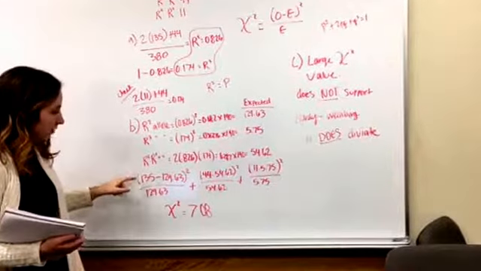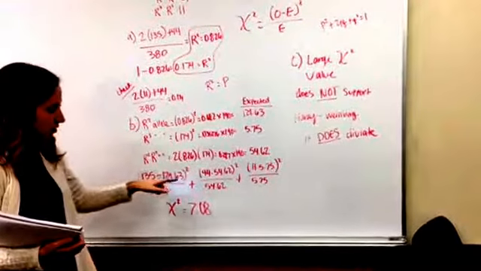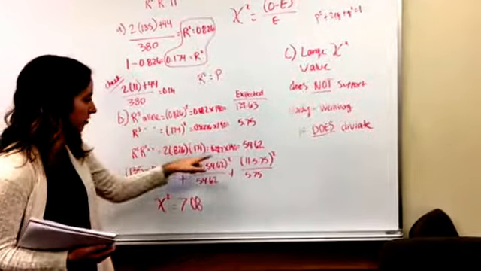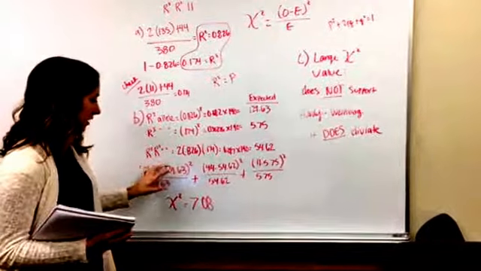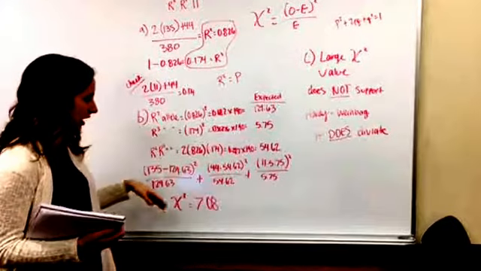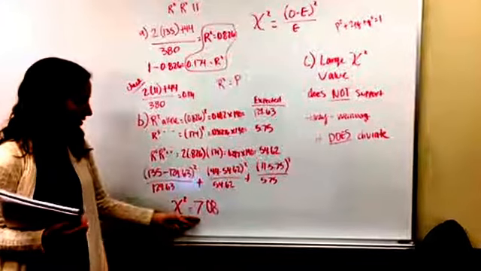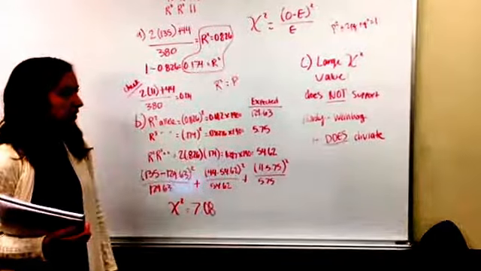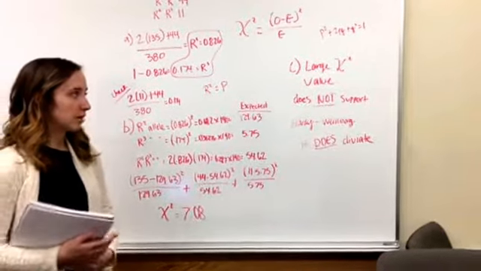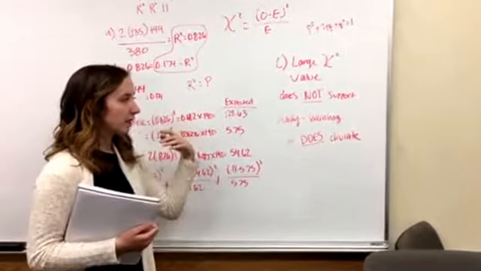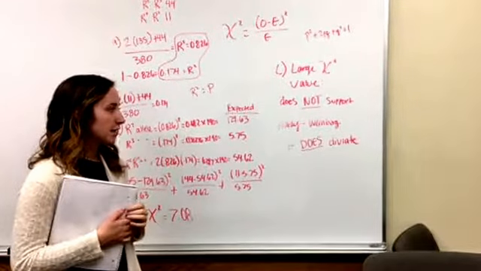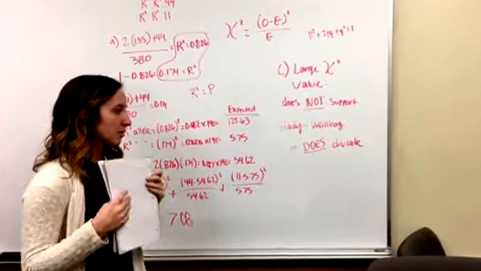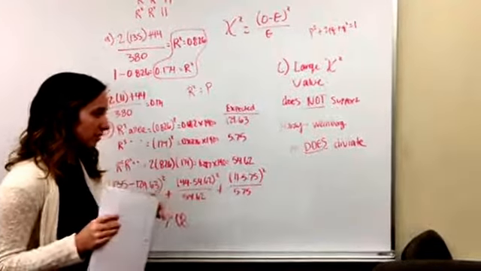This represents the R2, this represents the R2R3, and this represents the R3. Once I did the math for those and added them together, you get a chi-squared value of 7.08. So for C, it wants you to interpret this. Since we have a large chi-squared value, it does not support Hardy-Weinberg equilibrium, and so it does deviate from that.